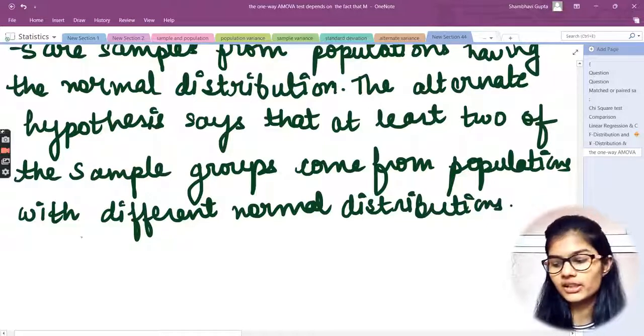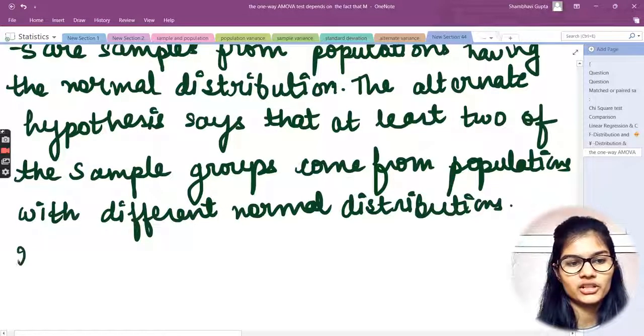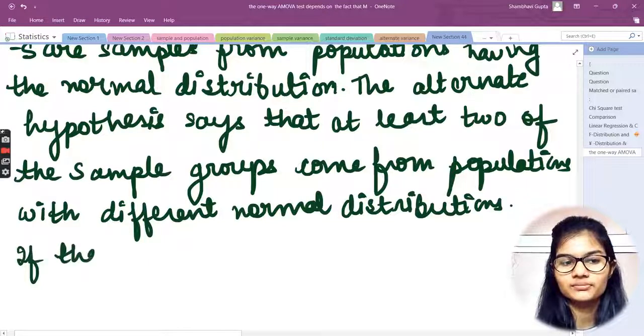Now, what if the null hypothesis is true? I would mention that as well.